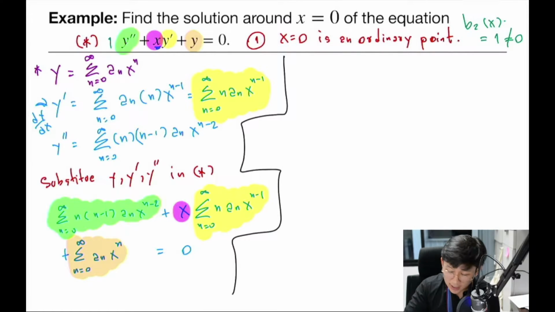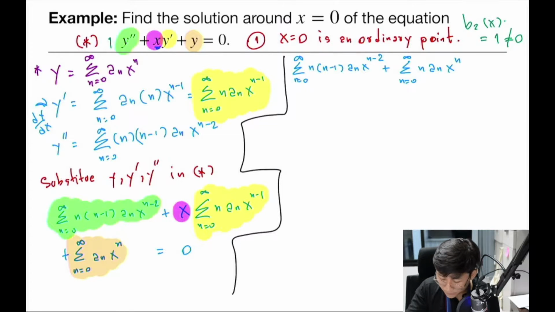Next, I'll look at each term. Let me just rearrange and write it again. It will be the summation from n equals 0 to infinity of n times n minus 1 times a_n x to the n minus 2, plus the summation of n a_n x to the n, plus the summation of a_n x to the n, equals 0.